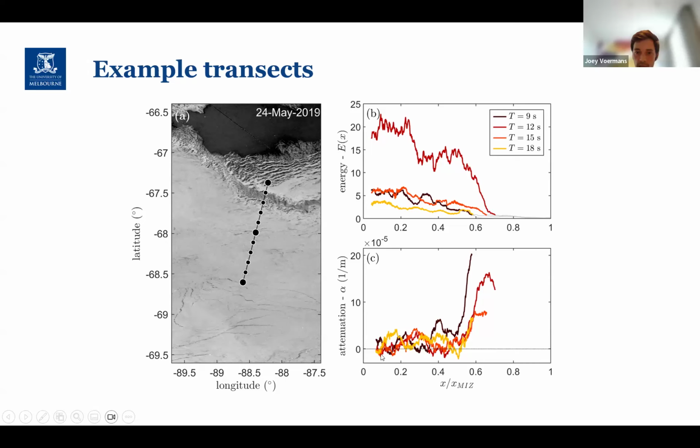We also see that regularly it drops below 0, which means that we have a negative attenuation rate, which means that we have wave growth. It's not impossible physically, though somewhat unlikely that it happens, or at least it has not been confirmed with other data sets. And then suddenly, halfway through the marginal ice zone, we see a rapid increase of the attenuation rate, a very steep increase. We do see some sorting again with wave frequency.